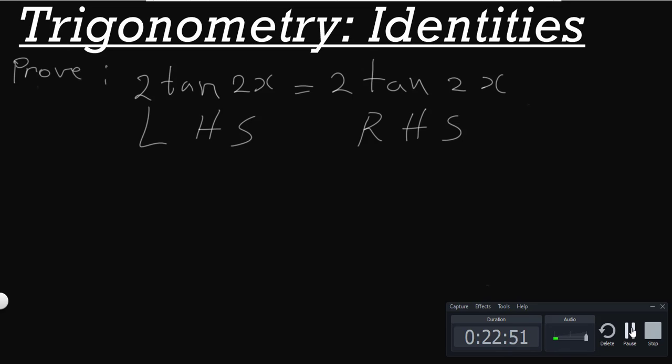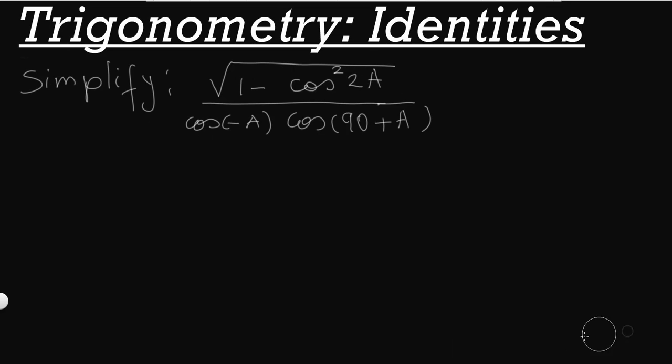I want to give you a next example. Let me pause the video. All right. Let's do this identity quickly. When you look at this, the first thing you might think is to change this using the double angle formula. No, don't change the double angle, okay?